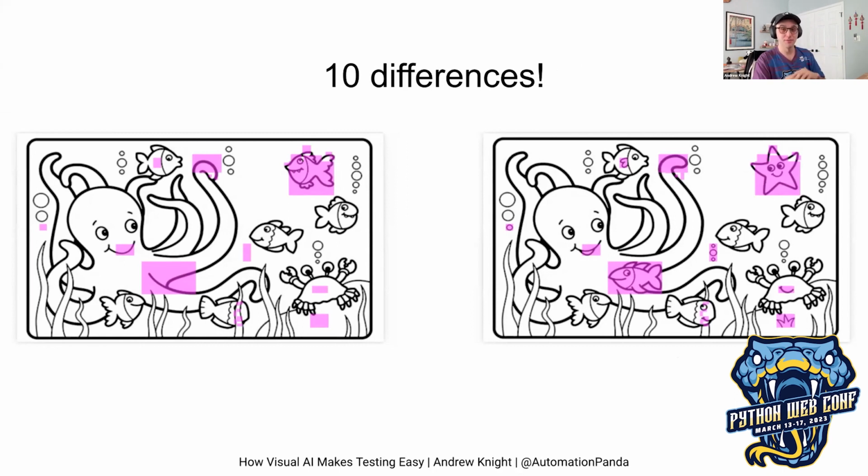So did you catch them all? I know when I've done this in presentations and workshops before, typically the group can find about 7 or 8 of them. Rarely do they find all 10. And rarely does one person find all 10, even if they're given several minutes to stare at the picture.